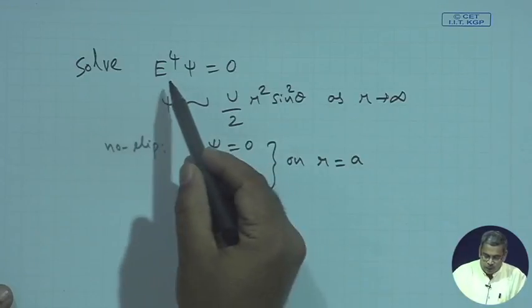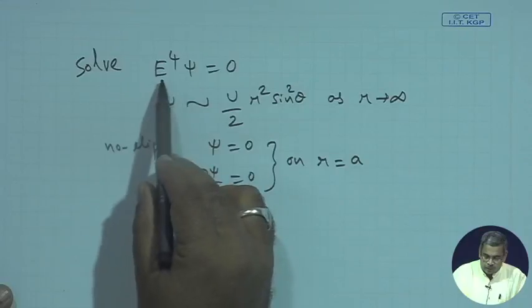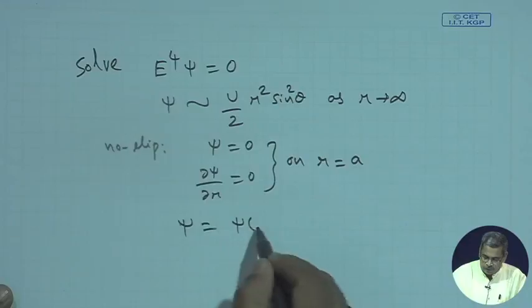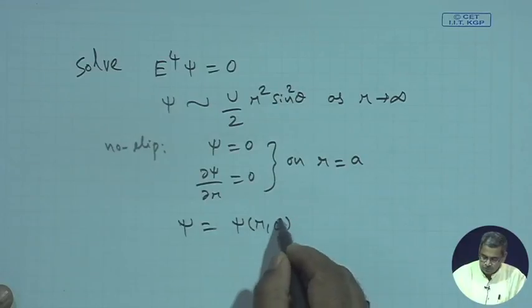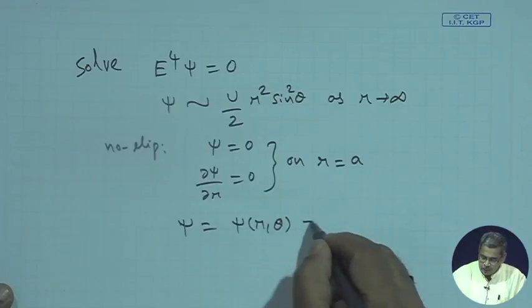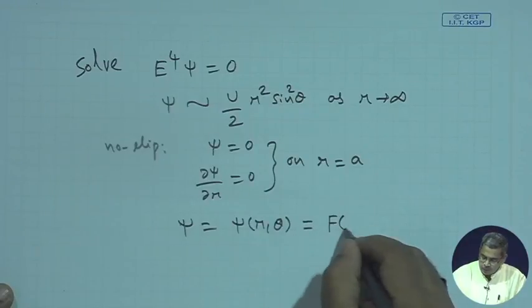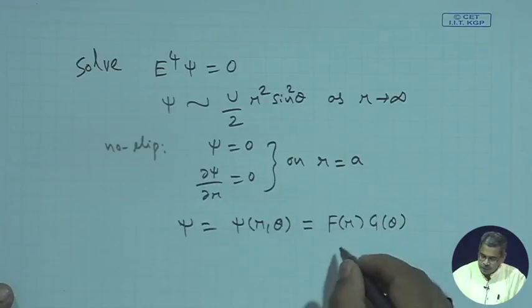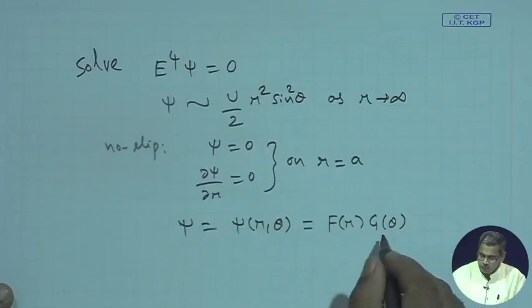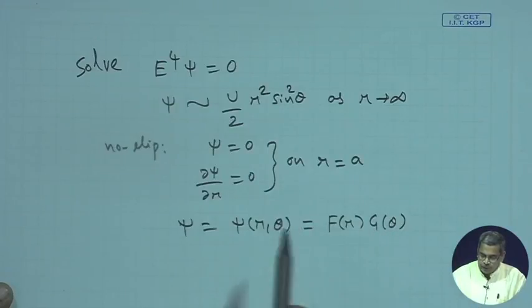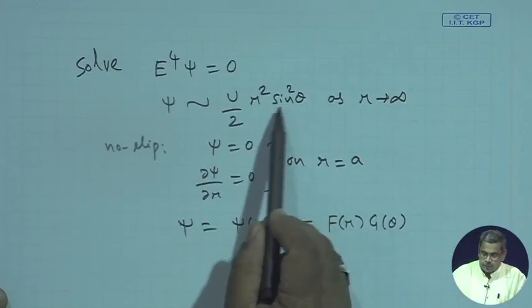Now, this is a partial differential operator, and psi is a function of r and theta. Anybody who has done a first course on PDE will attempt something like a function of r times a function of theta. This is a separation of variables solution. But we need not do it for the generic case here. The reason is, look at the far field behavior.